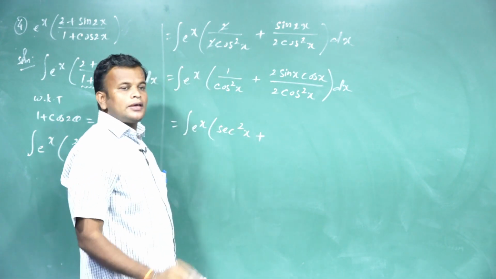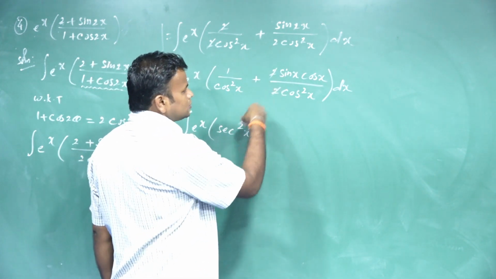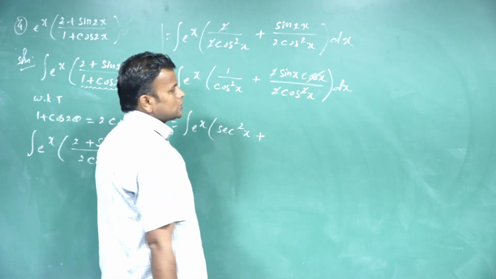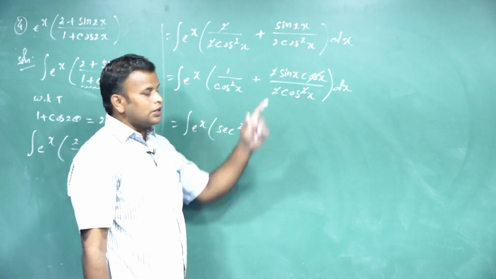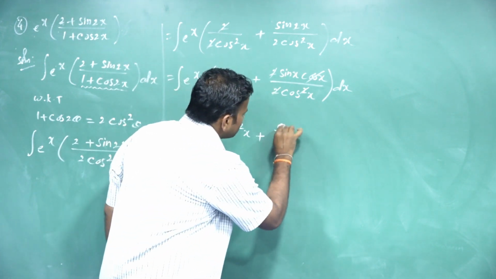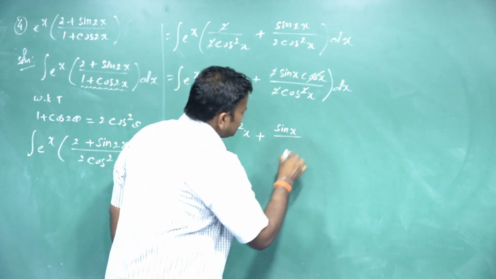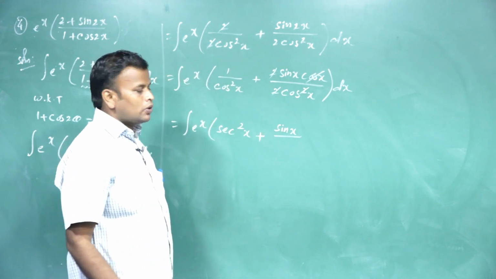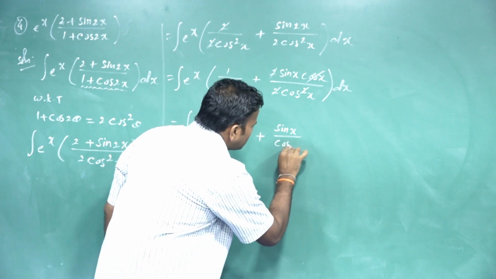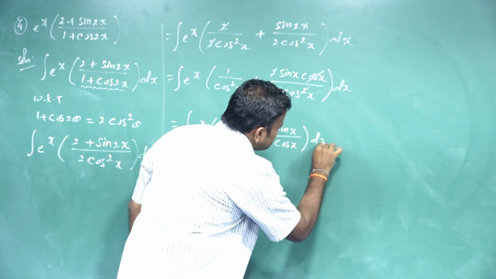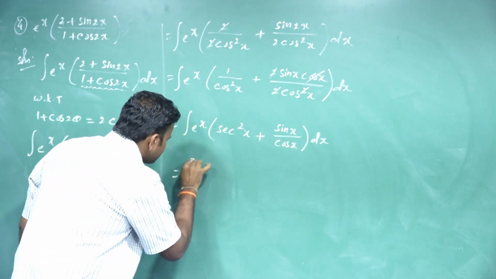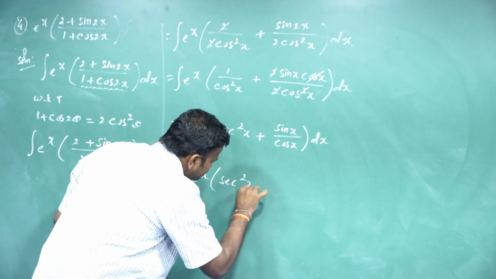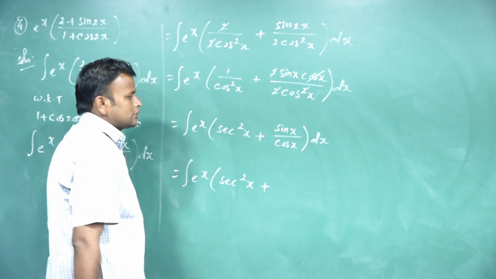Plus. In the second term, which term is cancelled? 2. Cos, in cos square, 1 cos is cancelled. What is the remaining numerator? Sin x. By denominator, in cos square, 1 cos is cancelled. Remaining, 1 cos is there. So cos x into dx. E power x of secant square x.